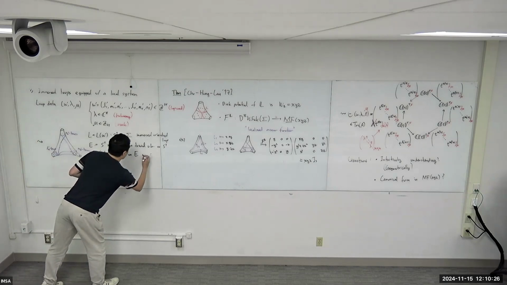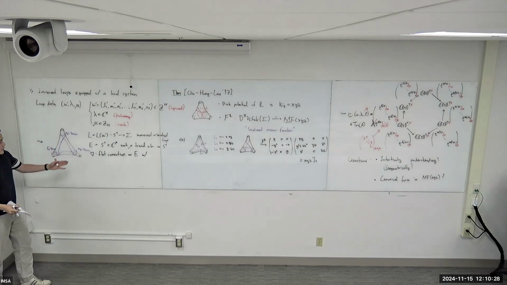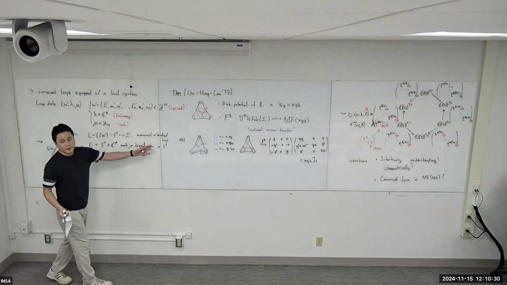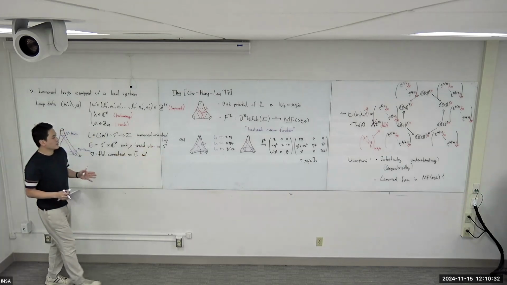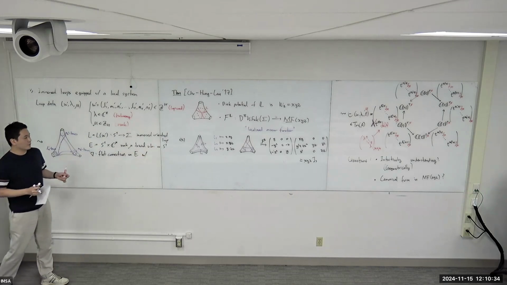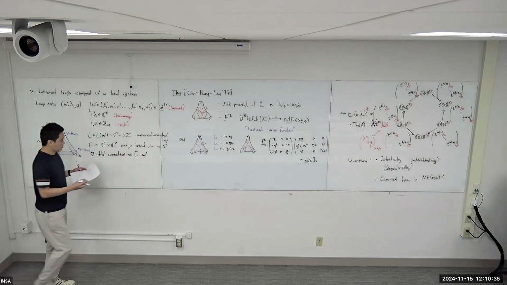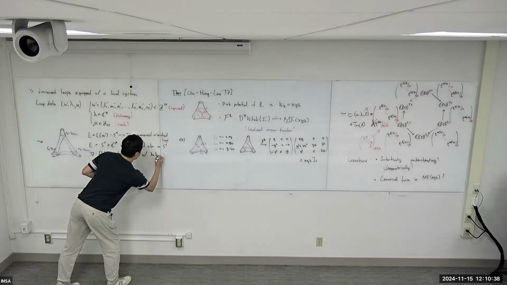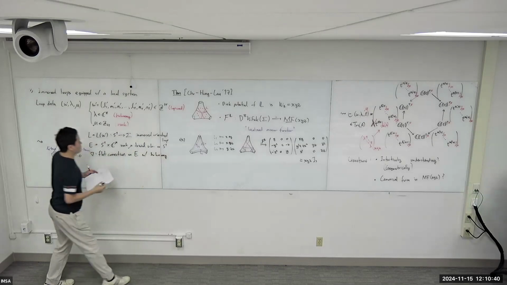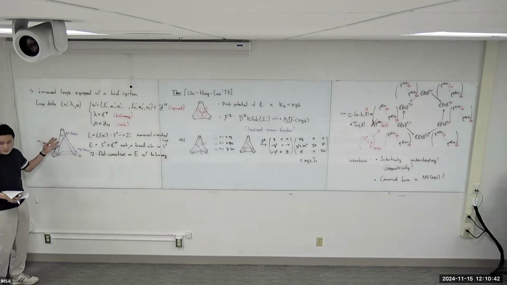And whenever we are given a flat vector bundle over S1, because its fundamental group is generated by one element, we can just think of the holonomy along the generator.